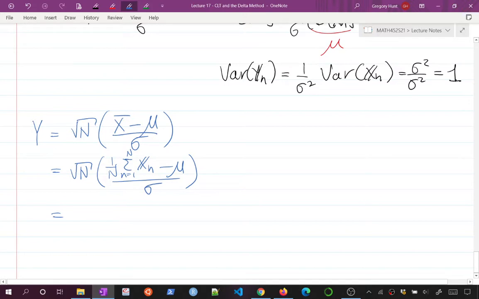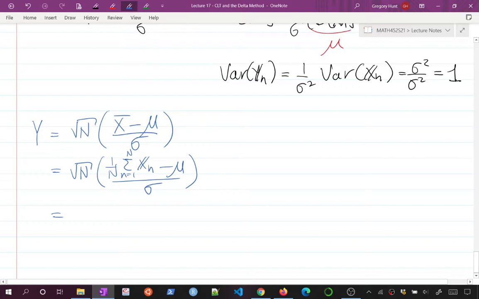What can I pull out of this? I can definitely pull out my sigma. So I can pull out my 1 over sigma, right? Maybe I want to leave that 1 over sigma in there. Let's just push my root n through. Yeah, let's push that root n through.